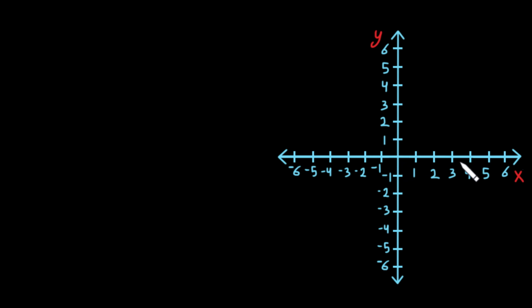Now, to reach any point here, you need 2 pieces of information, one for the horizontal coordinate and one for the vertical coordinate. A point in 2D space is written as an ordered pair like this, x and y.